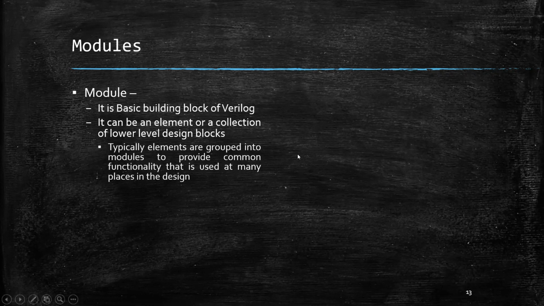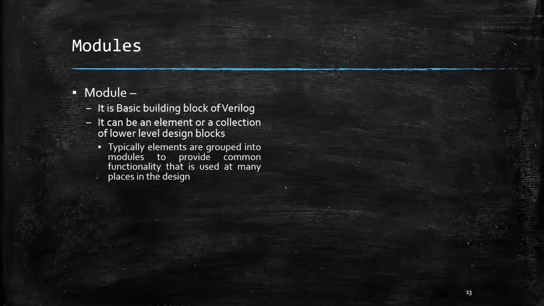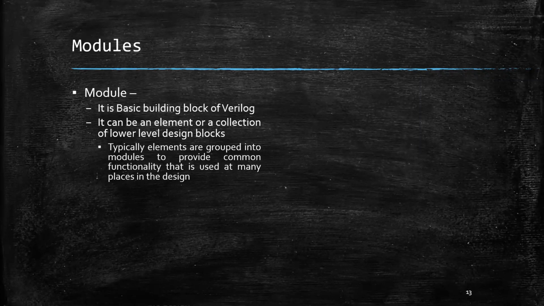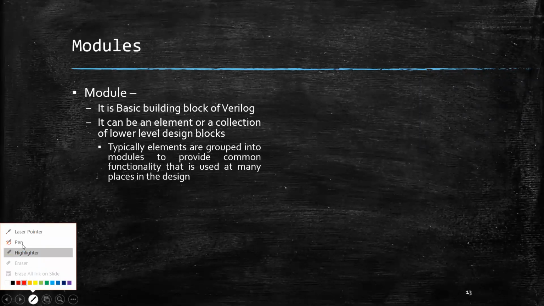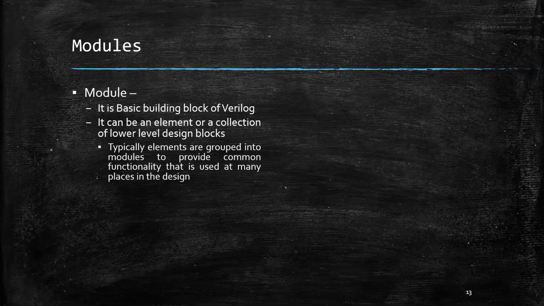The elements are grouped together into modules, and these modules then provide some functionality. For example, if I want an adder, the module can implement the functionality of an adder using elements such as AND gate, OR gate, NAND gate, XOR gate, or you can use the behavioral level and implement it. So all these things come into existence when we speak of modules.